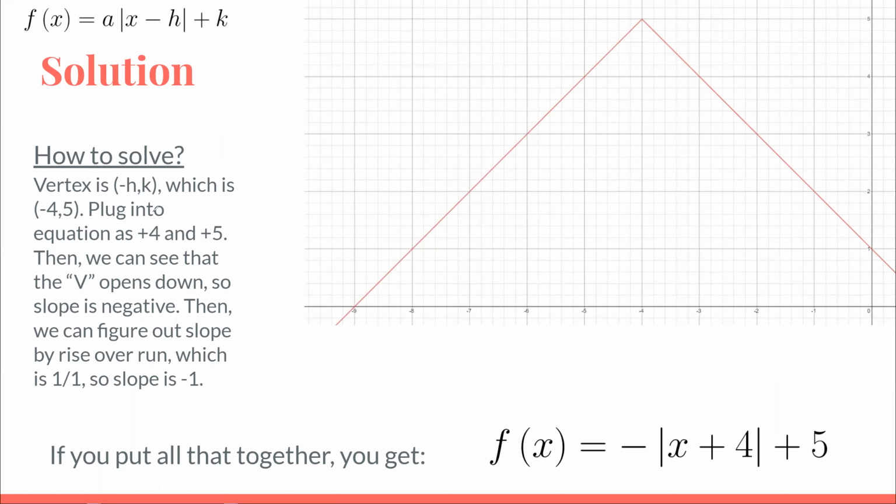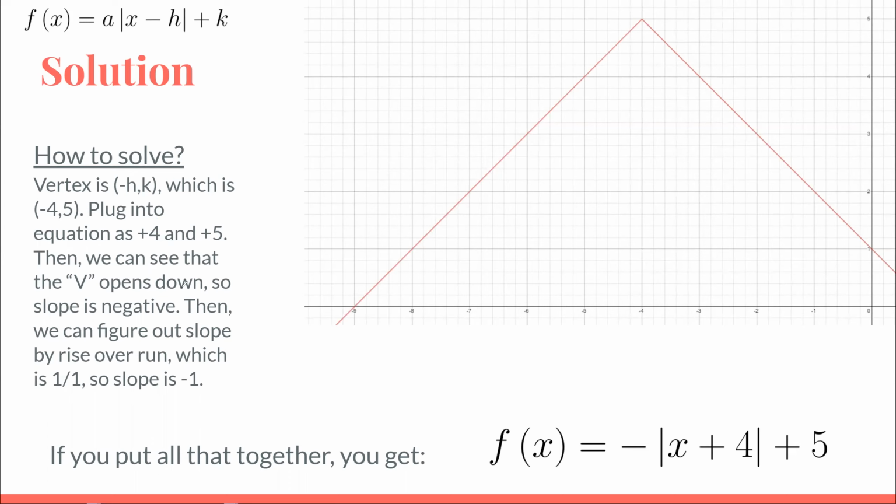Plug into equation as plus 4 and plus 5, because this is going to be negative h, but we want to make this into the normal h that goes into the equation. So you have to do negative h again for this. So this would be plus 4, and then h would be plus 4, and then k would be plus 5.